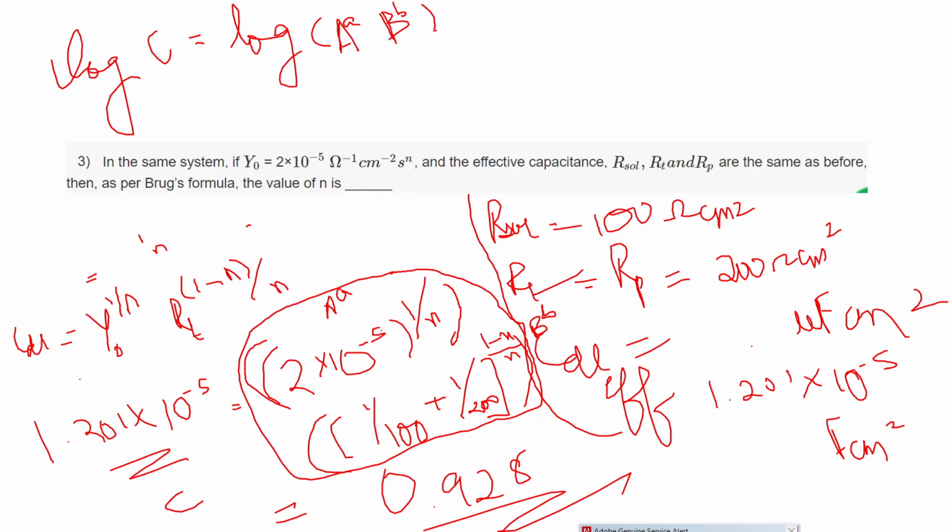Okay, of that form. I hope you understand. A is 2 into 10 to the power minus 5, raised to the power 1 by n, which is represented by small a. B is 1 by 100 plus 1 by 200, raised to the power small b, which is 1 minus n by n. Okay, I'm applying log on both sides. So log of x times y is nothing but log x plus log y. The same thing goes here.